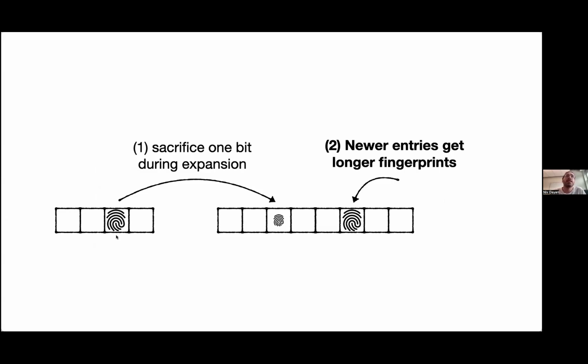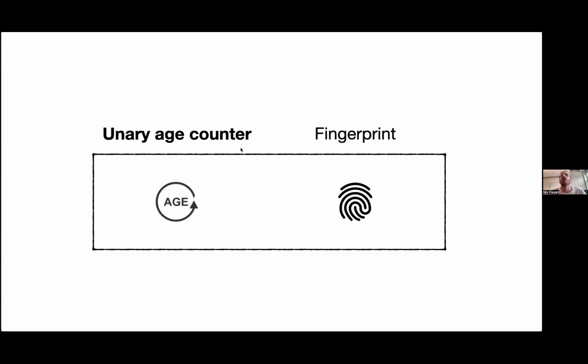Because you might say, okay, with variable length fingerprints, how do we actually align those within slots of the hash table? So here's how we do that. Every slot is now going to consist of two fields. The first field is what we call the unary age counter. The age counter is basically counting how many expansions ago a given entry was inserted into the filter. If this is 0, it means that this entry was just inserted.